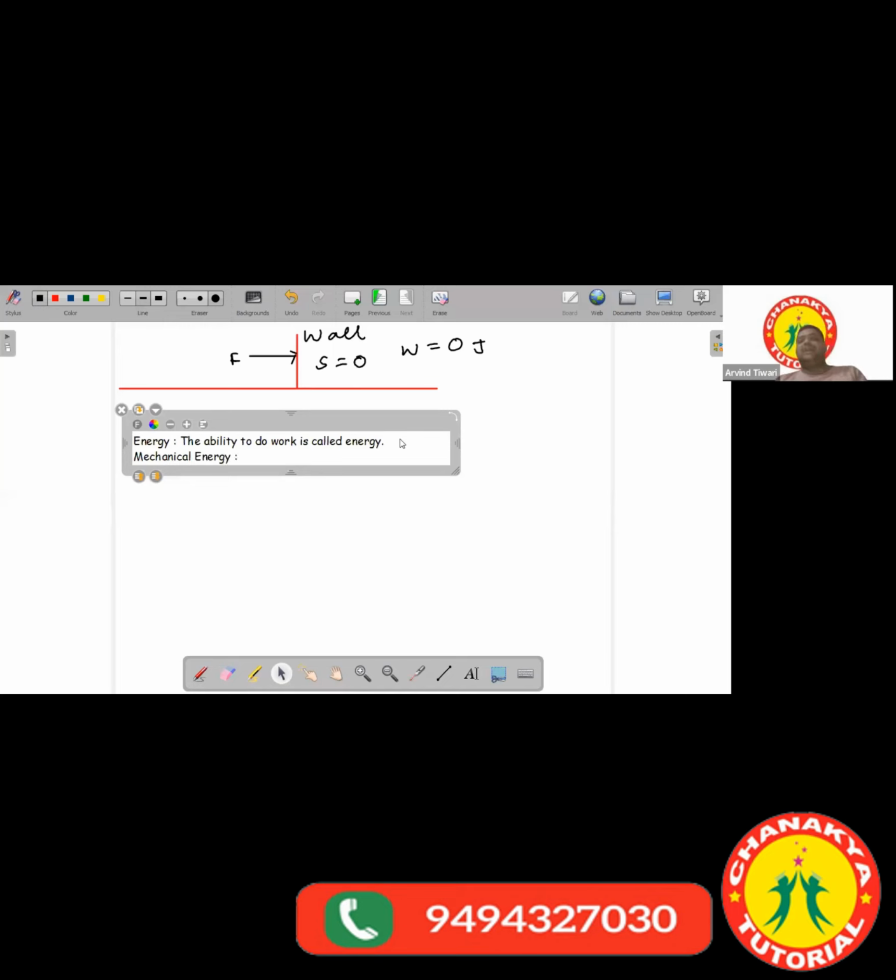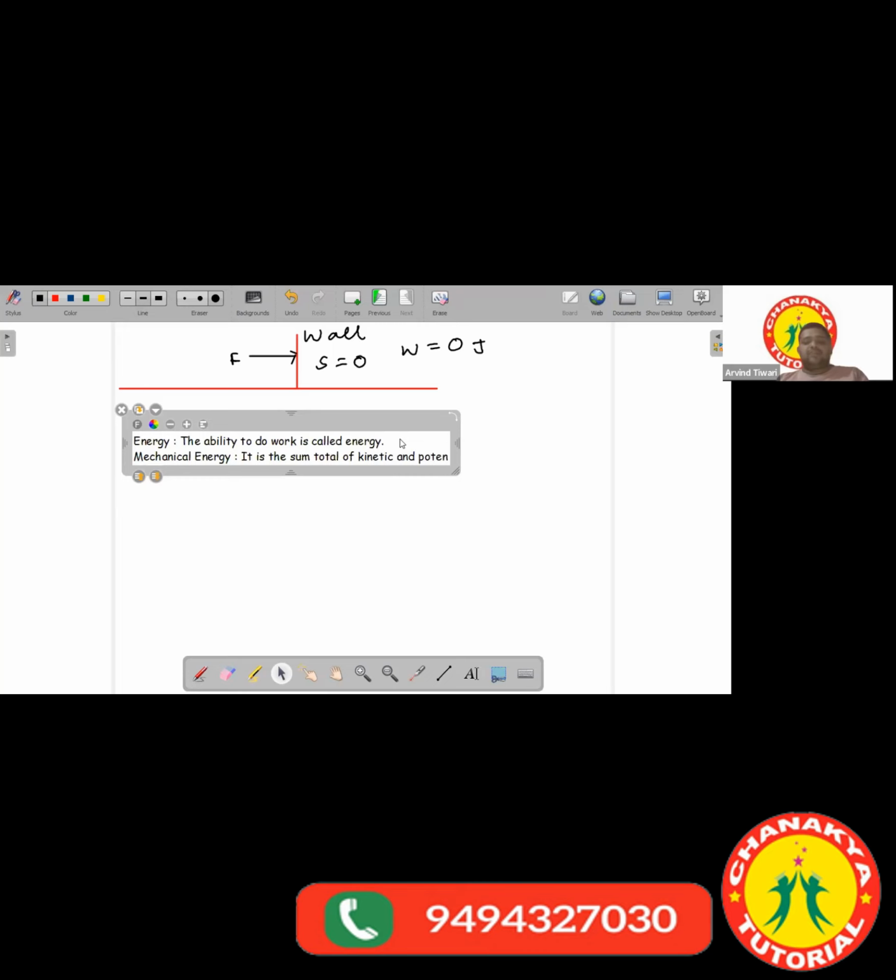So what is mechanical energy? It is the sum total of kinetic and potential energy.